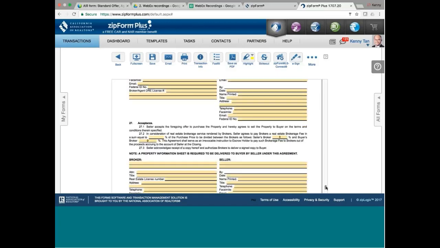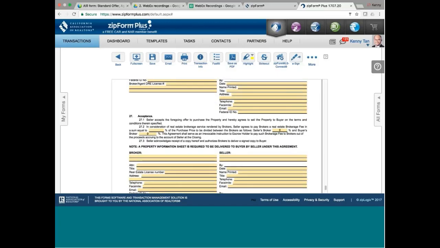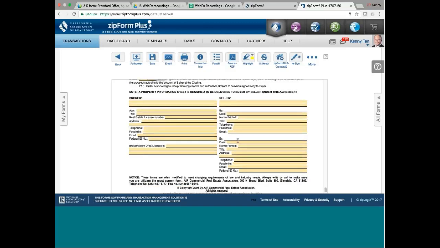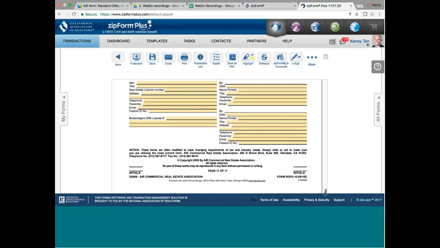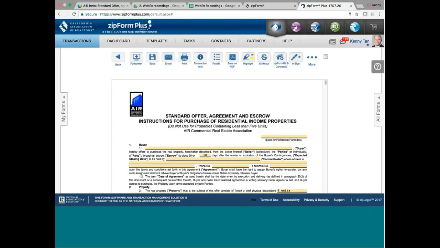And here, you can actually insert the broker's commission right here. You see that? You can either do it here or you can do it as a separate agreement. And then you put in the broker's information and the seller's information. Okay? All right, that pretty much concludes today's session.